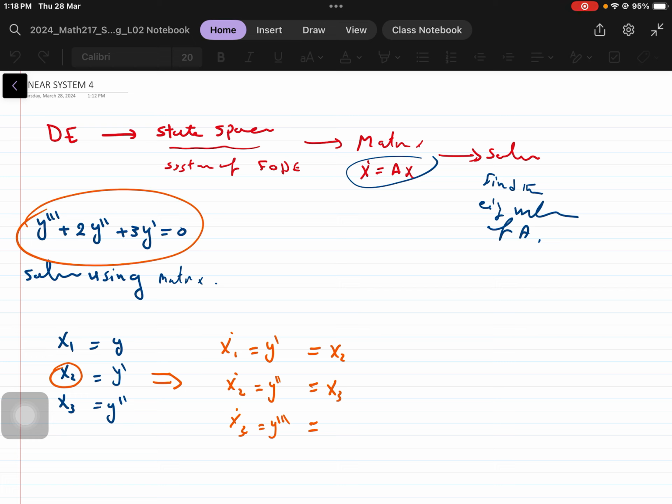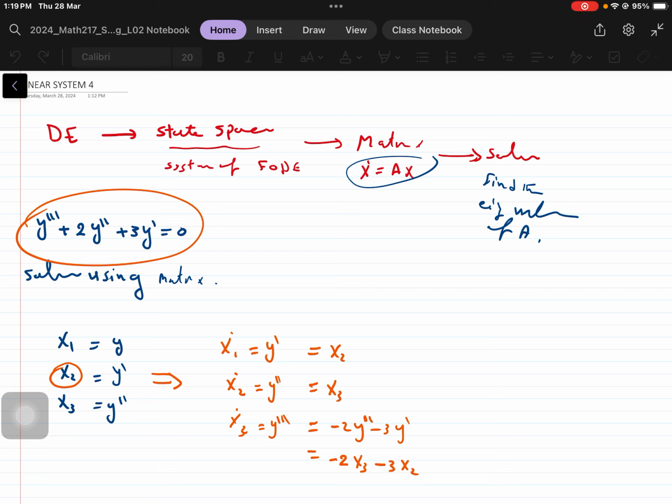We get it from there, which is minus 2 y double dash minus 3 y dash. But we know what is y double dash. Right? Yes.